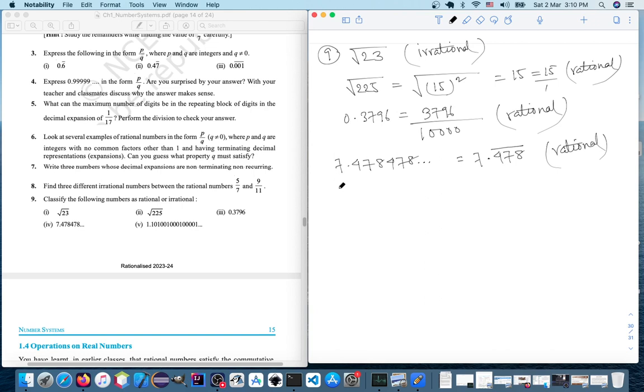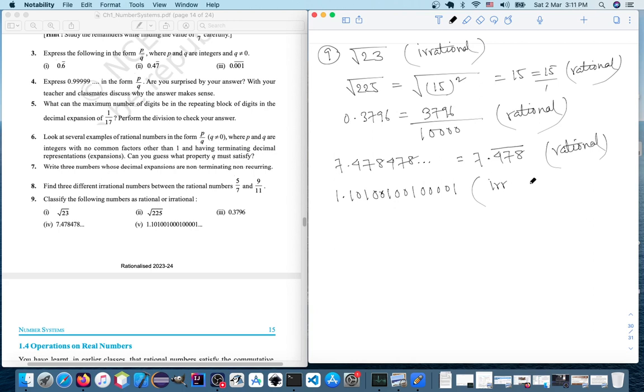The last one, we are given 1.101000110100100100 and so on. Definitely it is irrational because the decimal expansion is non-terminating as well as non-recurring.